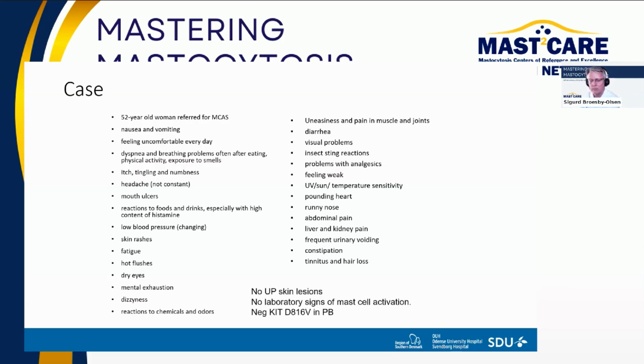If you then apply some, and this was an example from our clinic, we don't see any skin lesions, we cannot see any tryptase elevation, it's not really episodic, and then the KIT mutation is negative. So in that situation, I think we can nicely rely on the negative test also to reassure the patient that you do not have mastocytosis. So I think in that way, the tool is nicely fitting with a clinical need.